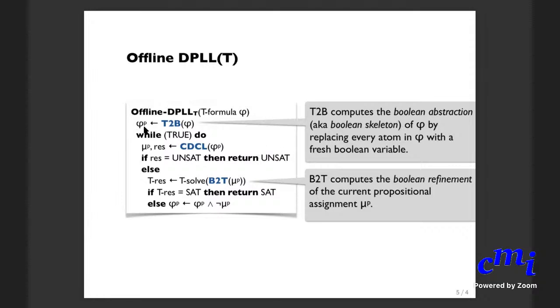As done here, given a formula, it first computes the Boolean abstraction, the Boolean skeleton of phi, by replacing every atom in phi with a fresh Boolean variable. And then it enumerates all possible satisfying assignments of the Boolean structure. CDCL here stands for a more sophisticated version of a Boolean solver, which we will see later on.